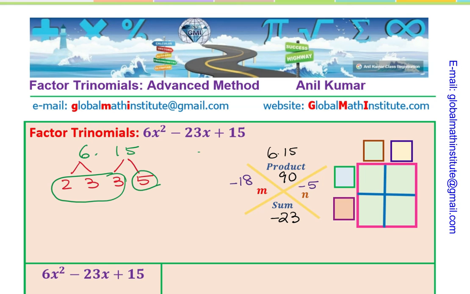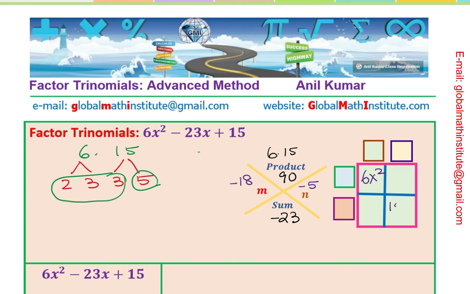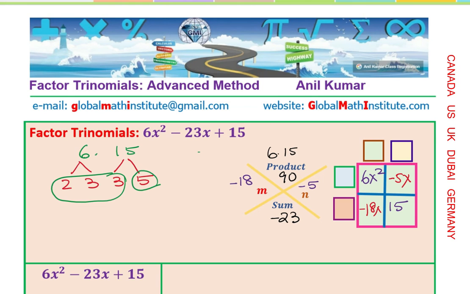So we'll have the 6x squared as our first term and the constant 15, which are placed diagonally. And the other diagonal is for this combination of minus 18x and minus 5x. Correct. We can now group factor. So starting with the first row, we have x common, and in the second row, we have minus 3 common, right?